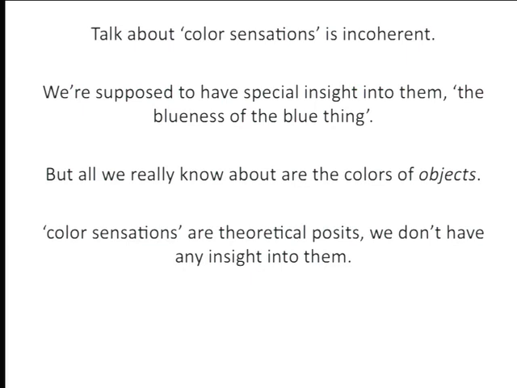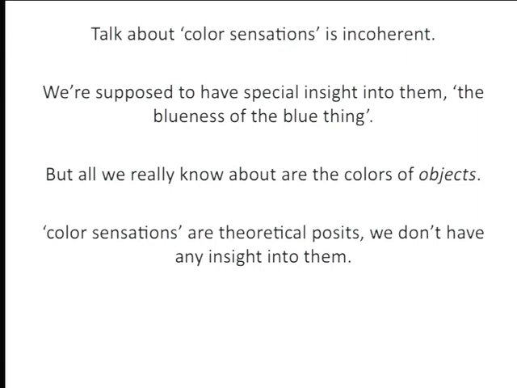And then you say, well, but the objects don't have those characteristics, so I hypothesize that backstage in your brain there must be some colour sensations that are making the thing feel the way it does. But that's just a theoretical postulate. That's just a hypothesis, as you might hypothesize an electron. You postulate these hidden colour sensations that are somehow making the whole thing go.